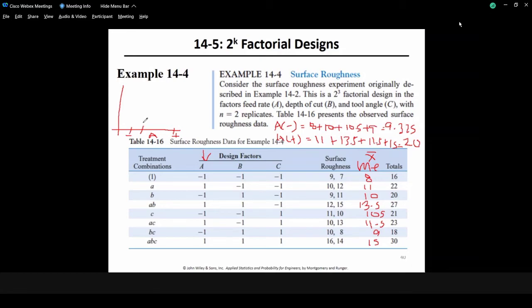Let's say here, this 9.375, and then 20. This is 20. I don't know if it's correct or not. This is 9.375.